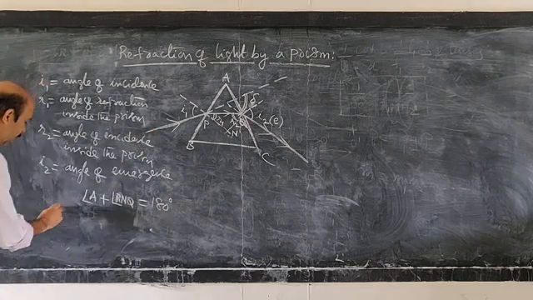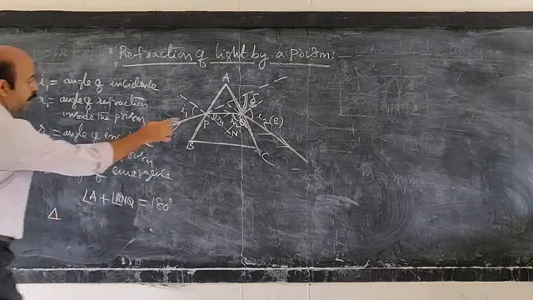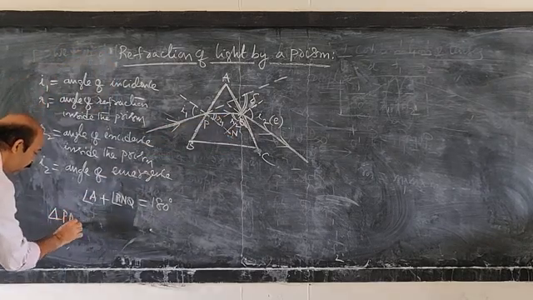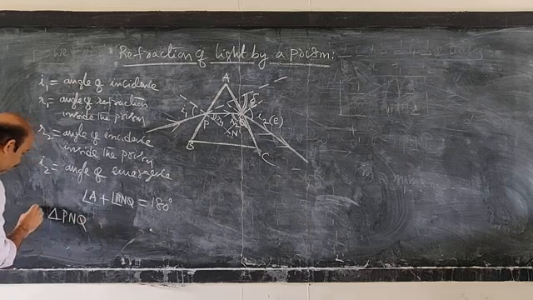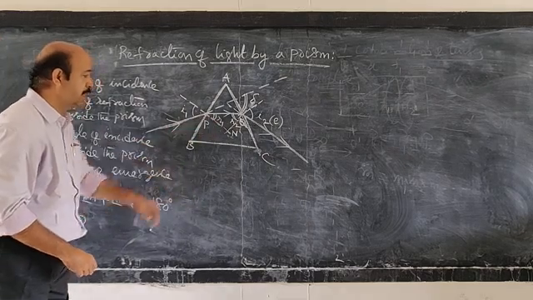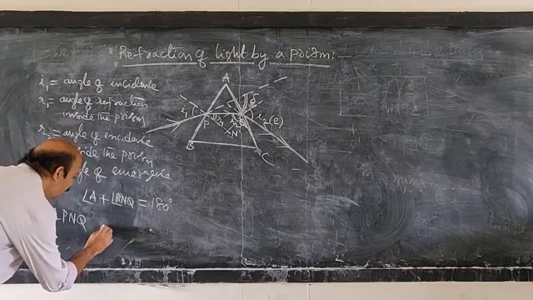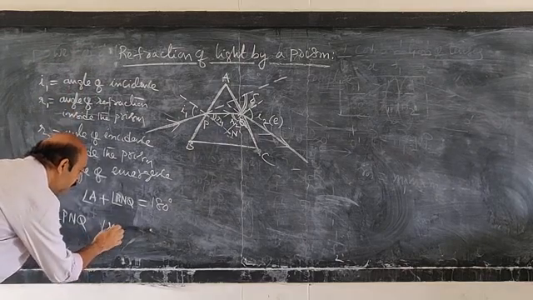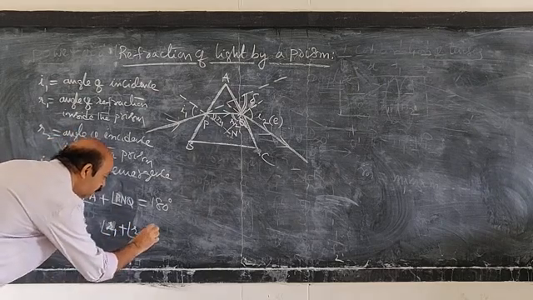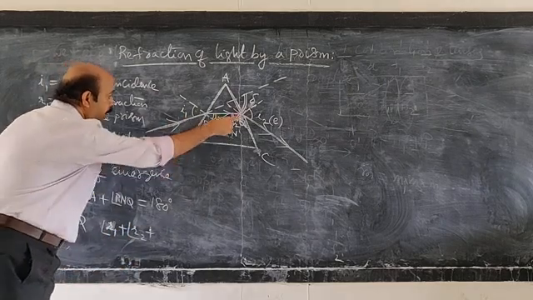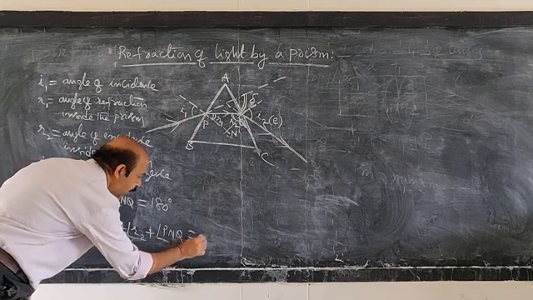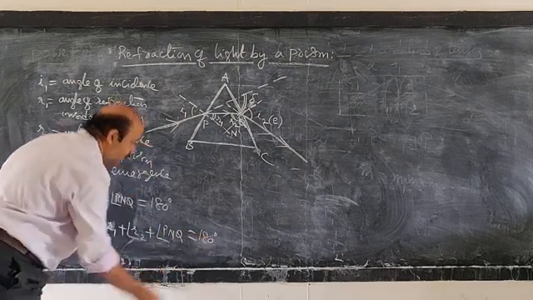Then in the triangle PNQ, you know the total angle is 180 degrees. Therefore, angle R1 plus angle R2 plus angle PNQ must be equal to 180 degrees.